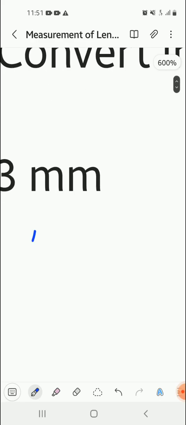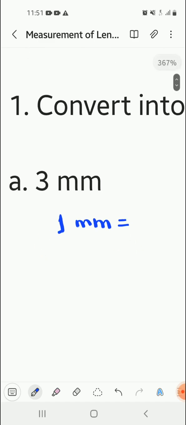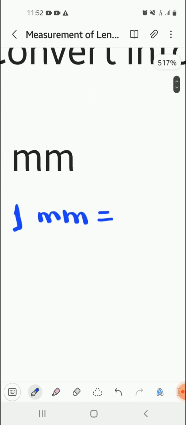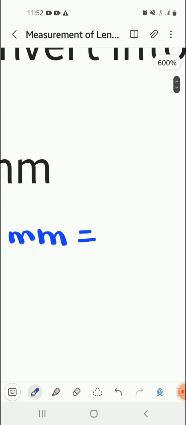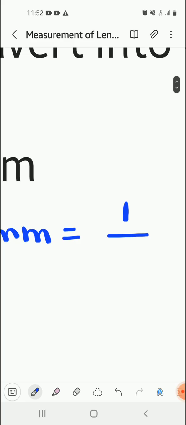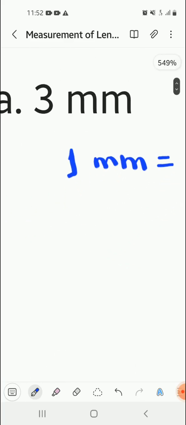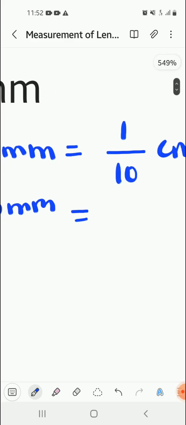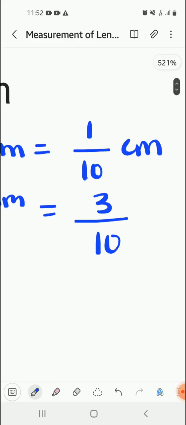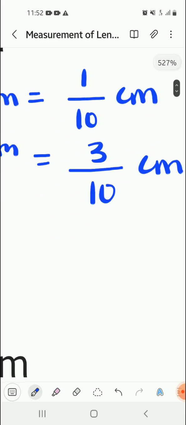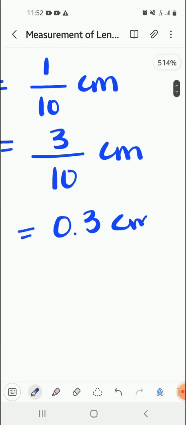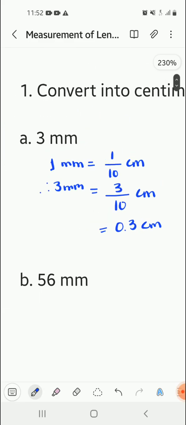So in this case we write that 1 mm is equal to 1 by 10 centimeter. Therefore, 3 mm is equal to 3 by 10 centimeter, which in decimals becomes 0.3 centimeter.